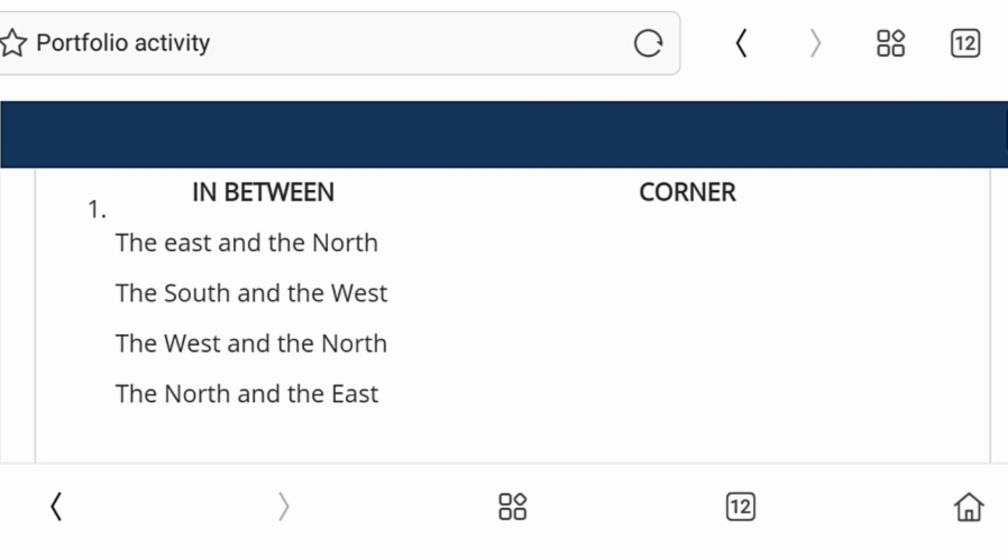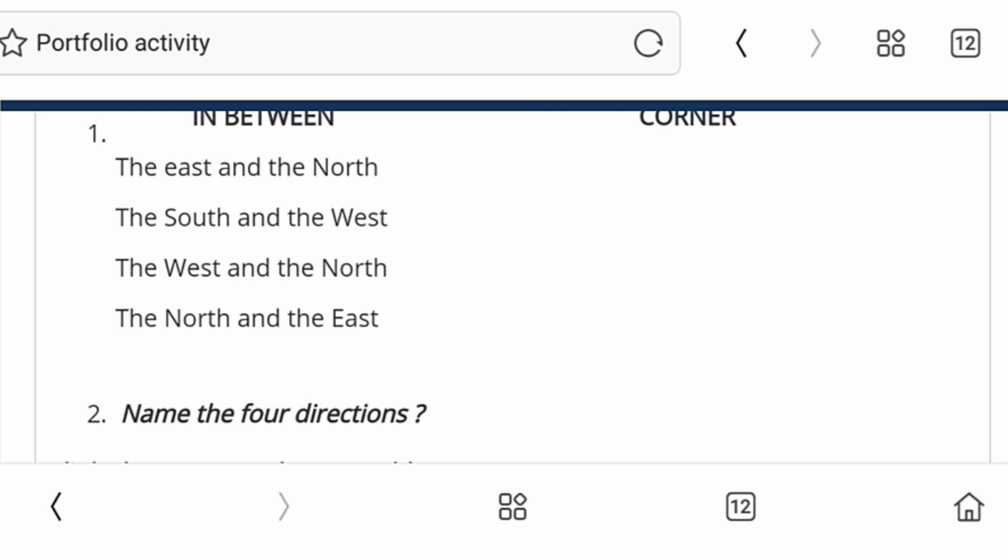Name the corner. You see here, the east and the north, the south and the west, and the north and the east. What do we call these corners? They have named them northeastern, eastern, southeastern, southwestern, like that.